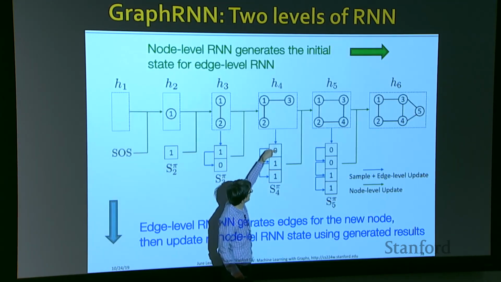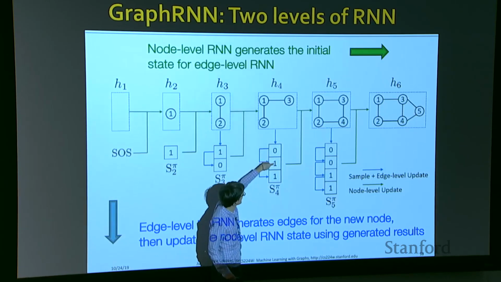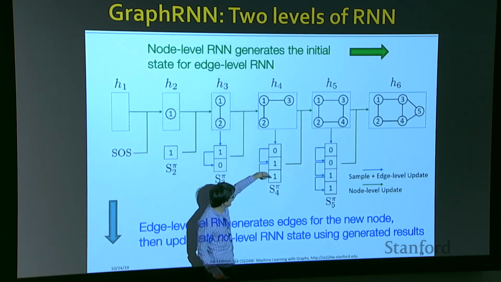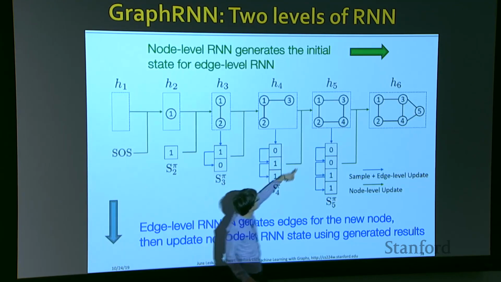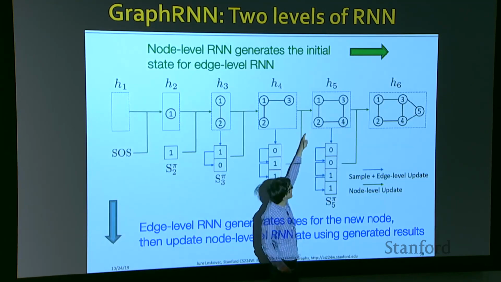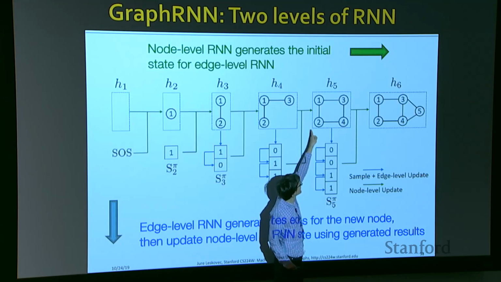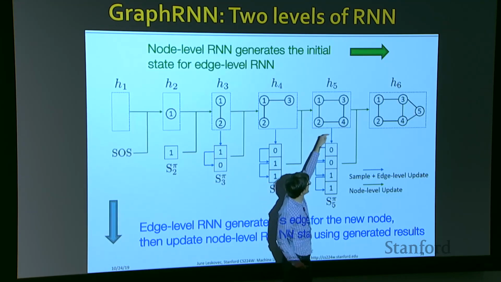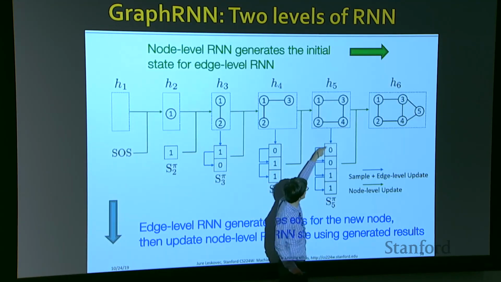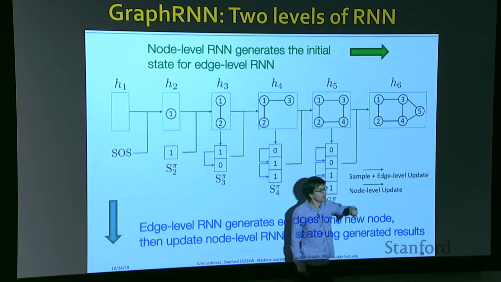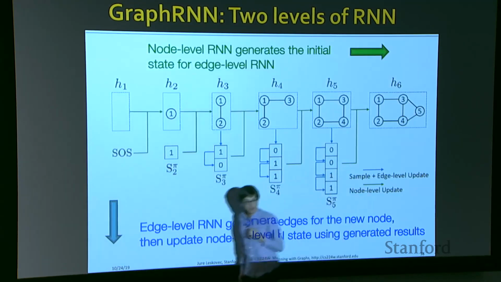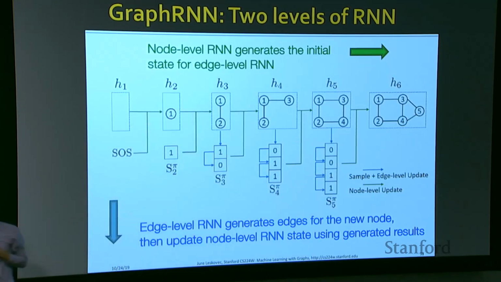Again, the edge level does the edge, updates the hidden state, does the edge, updates the hidden state, does the edge. Now it takes its own hidden state, pushes it up to the node level RNN, and again the node level adds one node, updates the hidden state, pushes it down back to the edge level. The edge level is generating edges, taking the hidden state up there, and so on. Okay, so that's the way things will flow.